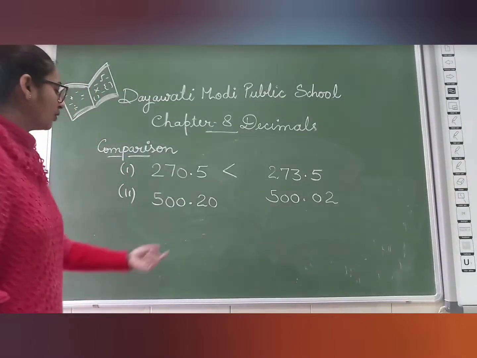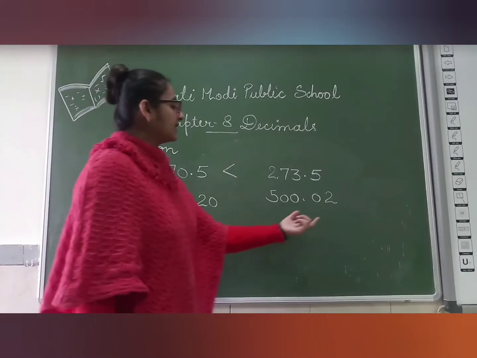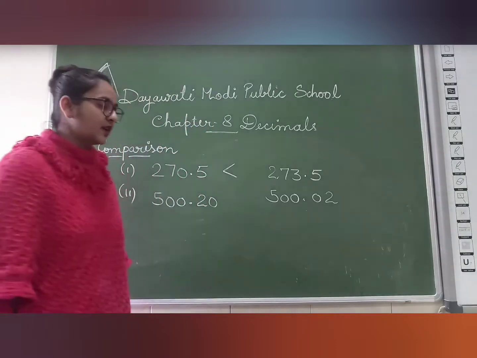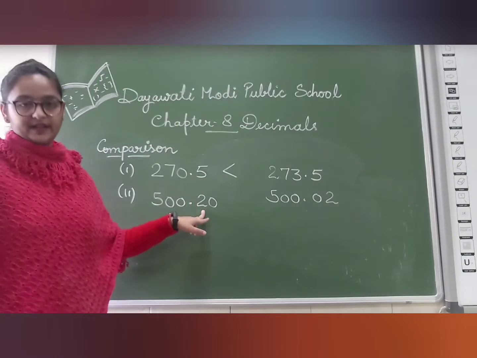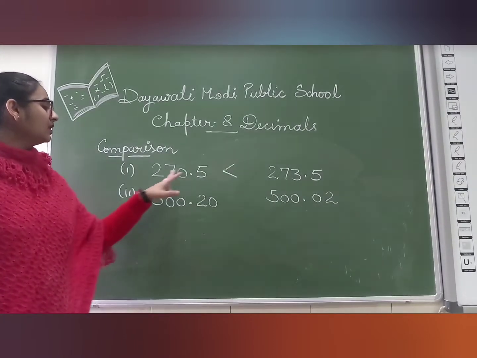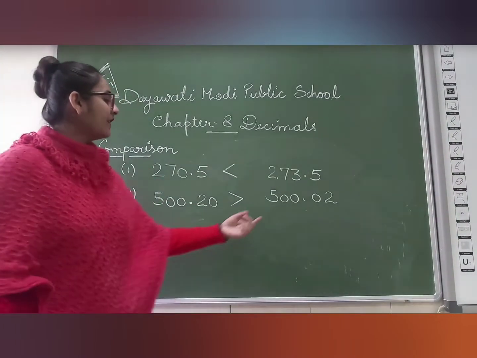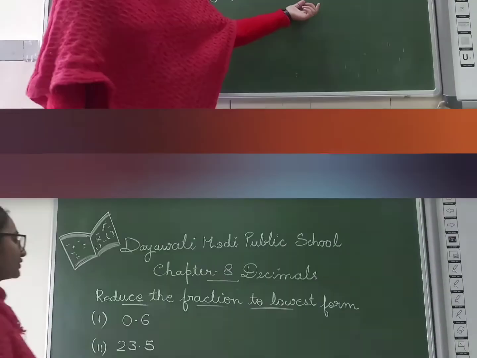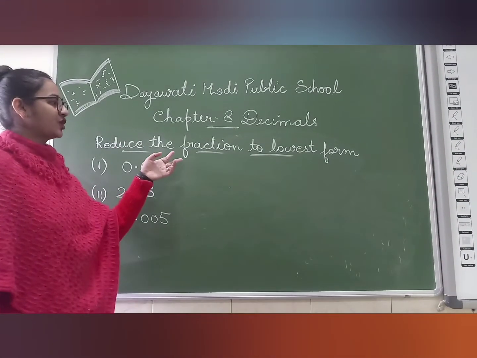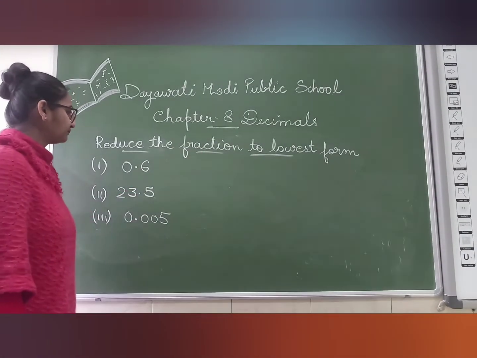Okay? So this would be 20 and this is 02. So students, 20 is greater. Okay? So the whole decimal number will be greater than 500.02.